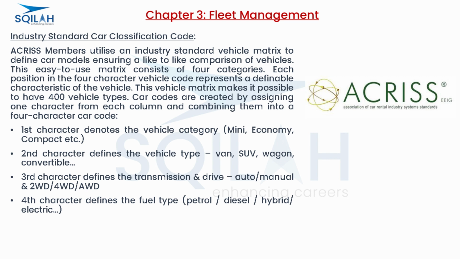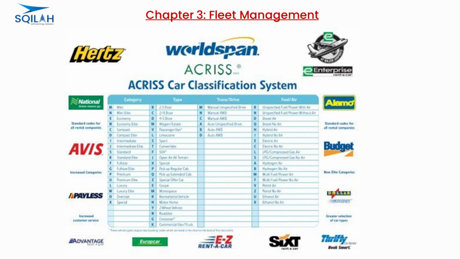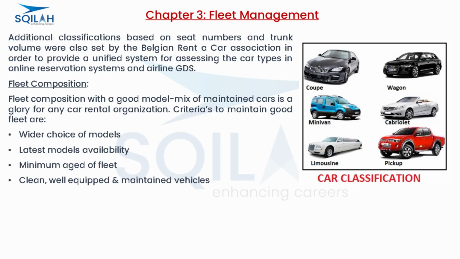The fourth character defines the fuel type: petrol/diesel/hybrid/electric. ACRIS Car Classification System. Additional classifications based on seat numbers and trunk volume were also set by the Belgian Rent-A-Car Association in order to provide a unified system for assessing the car types in online reservation systems and airline GDS.